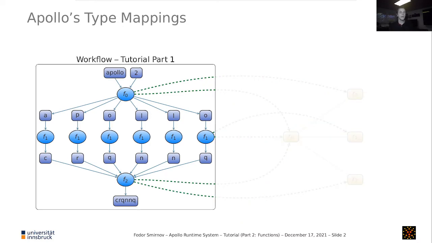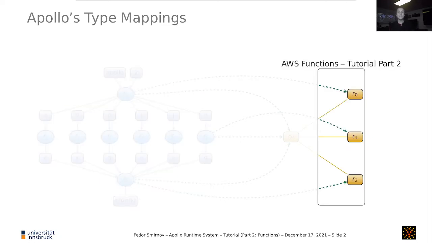So to summarize, the workflow, the left part, was the topic of the previous tutorial video. At this point, we already have created a workflow file. Now, in this video, we will be looking at how to create AWS functions, how to deploy them and put them into the type mappings file.